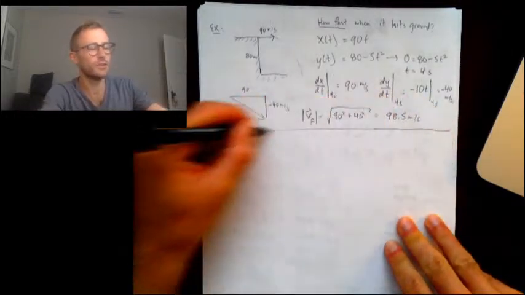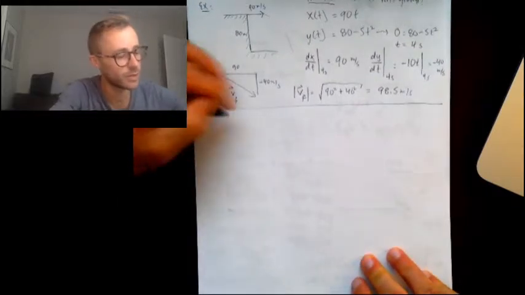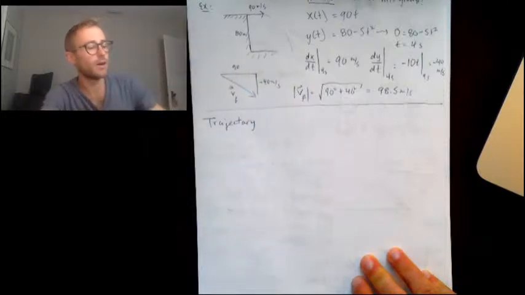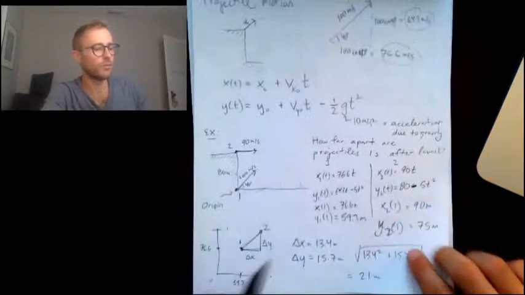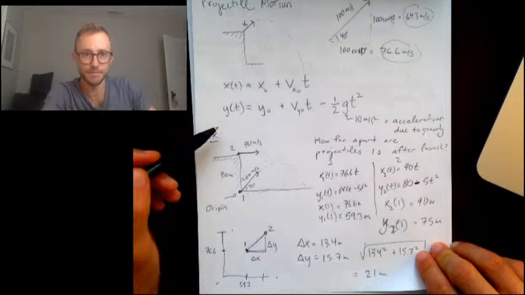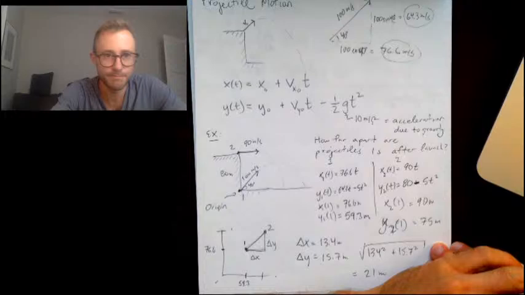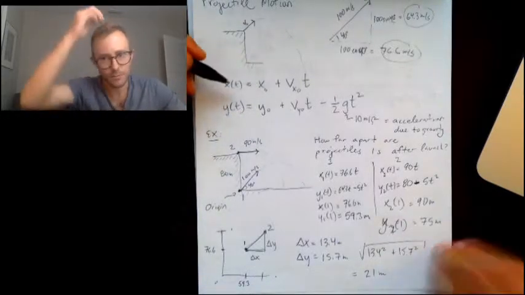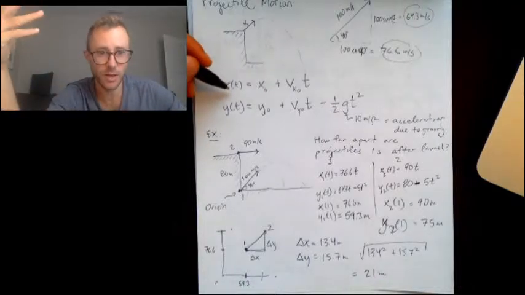All right, so now I'm going to teach you guys about something new with projectile motion, which is something called the trajectory. So what we have here is x of t and y of t. That is giving us the position as a function of time.